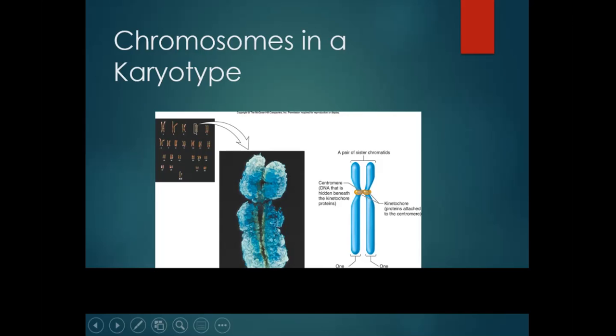Okay, to start with, if you look at chromosomes in a karyotype, you can see the distinct parts of the chromosome. So on each of the chromosomes, you have a centromere. That's not to be confused with the centrioles or the centrosome, which are the microtubule organizing centers. The centromeres are on the chromosomes.